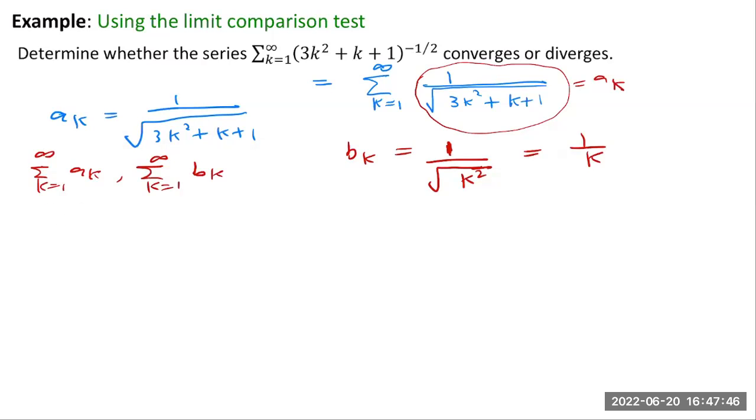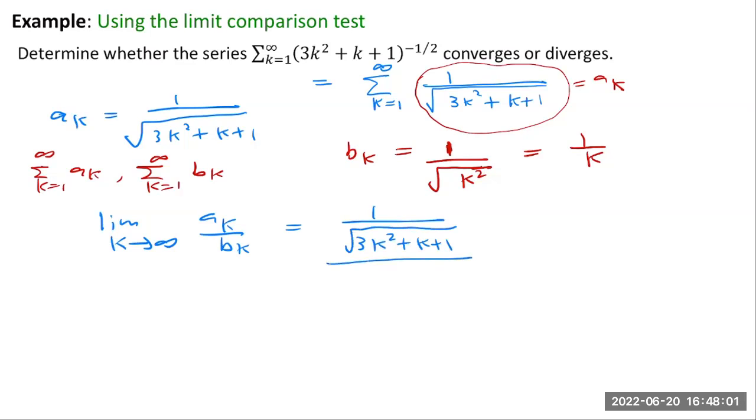Limit k goes to infinity, ak divided by bk is equal to, ak is 1 over square root of 3k squared plus k plus 1, of course, divided by bk is 1 over k.